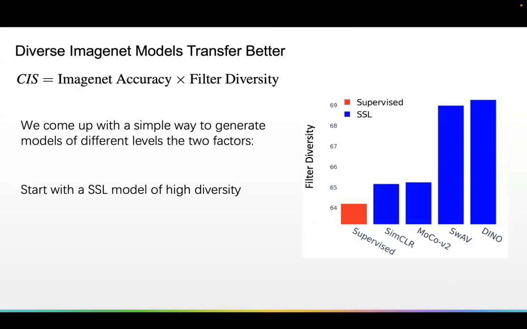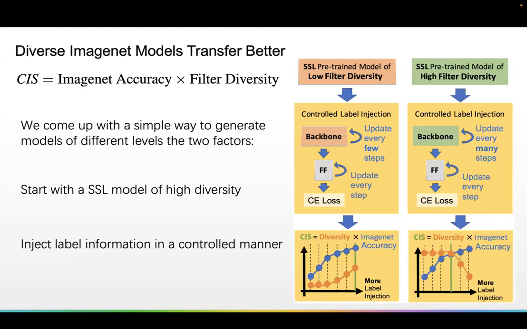So we come up with a simple way to generate models of different levels of the two factors so that we can study the connection of those factors to transferability. We start with an SSL model of high diversity, and then we inject label information in a controlled manner by freezing the backbone, and once in a few steps, updating the backbone with respect to the gradients, while the classifier is updated in every step, such that it carries most of the burden rather than the backbone.